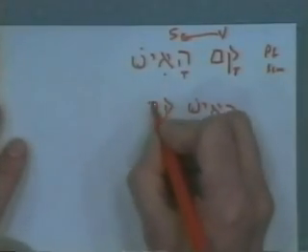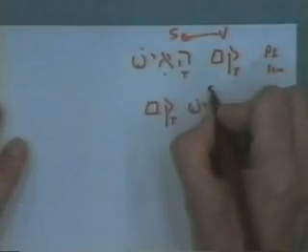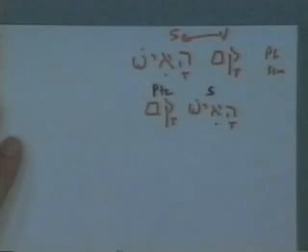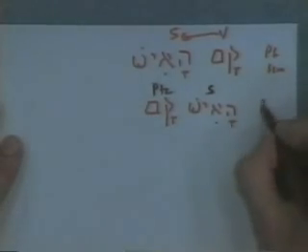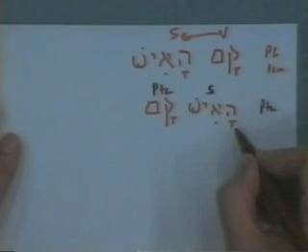If you had the sentence ha'ish kam, this would lend credence to the fact that this is the subject and this is the participle. What would be the difference in translation? The man arose, the man is arising. The participle is really the present tense. Okay?